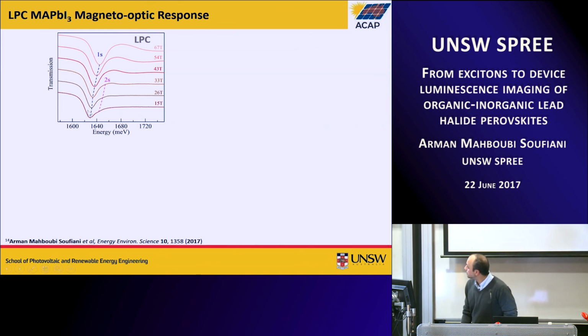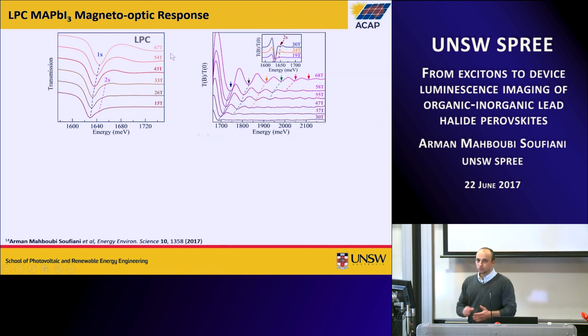Here you can see a typical transmission spectrum of the large polycrystalline sample. And this strong dip is the 1s state of the hydrogen-like system in perovskites, which blue shifts with increasing the magnetic field. Then at the higher energy, you have a shoulder, which is the 2s state.